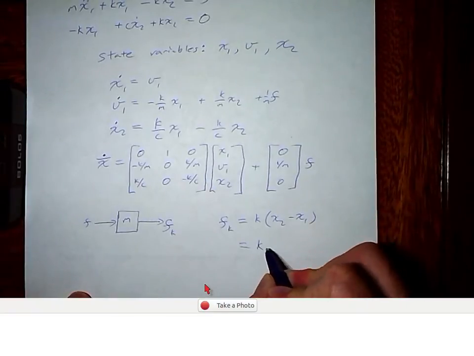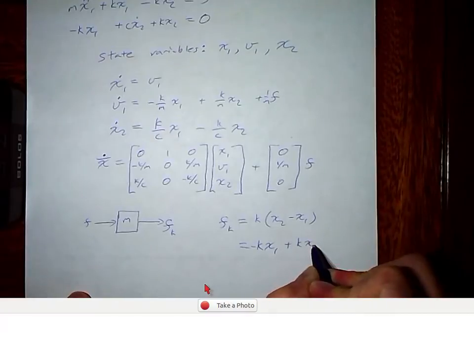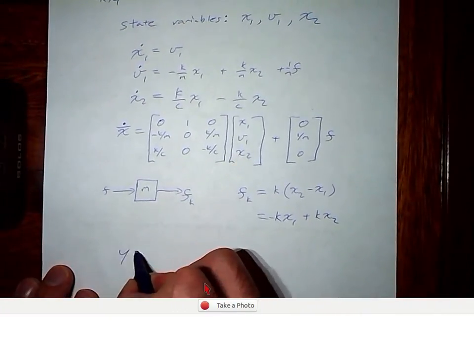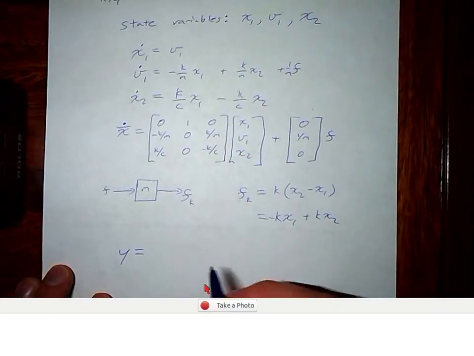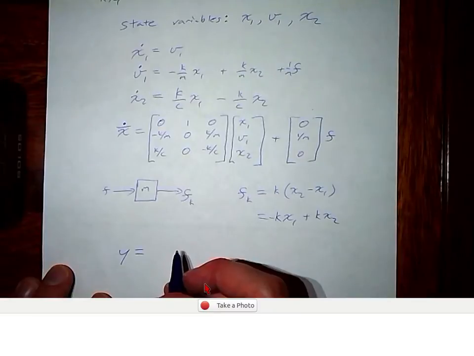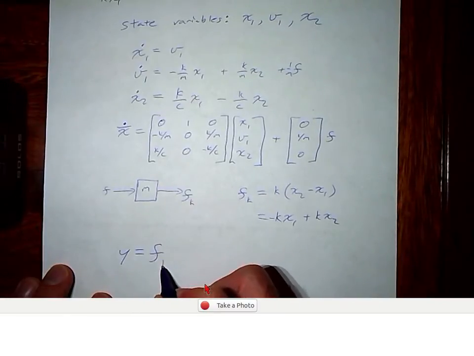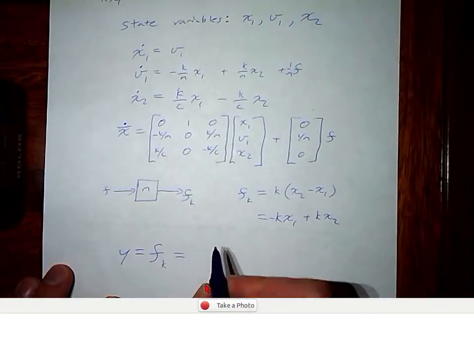And this is k, or negative k times x1 plus k times x2. So we can write our output equation. Y is not a vector, it's a scalar. It's the spring force.